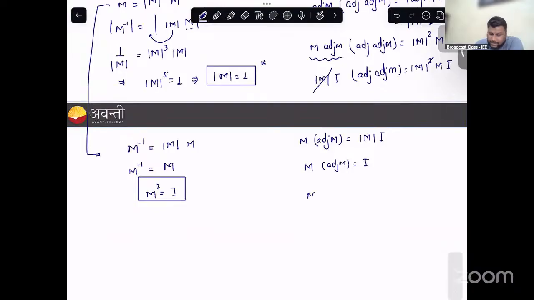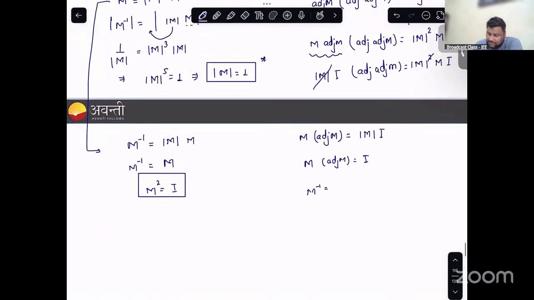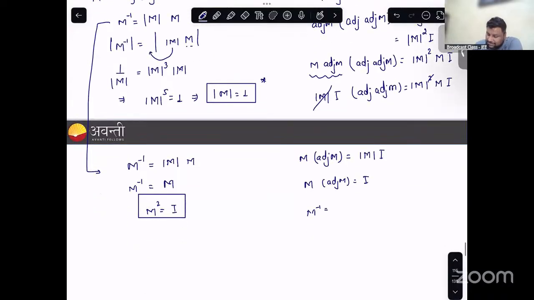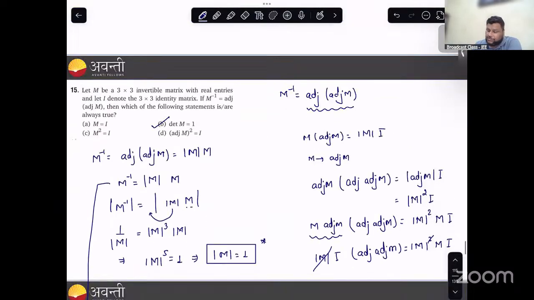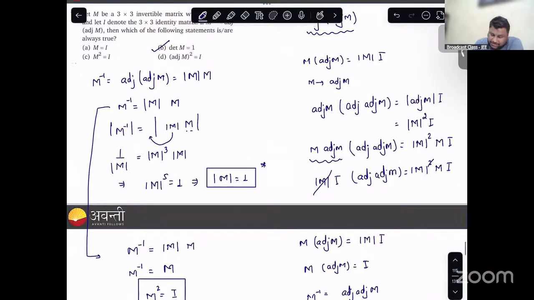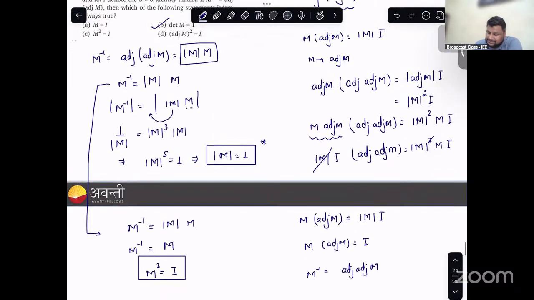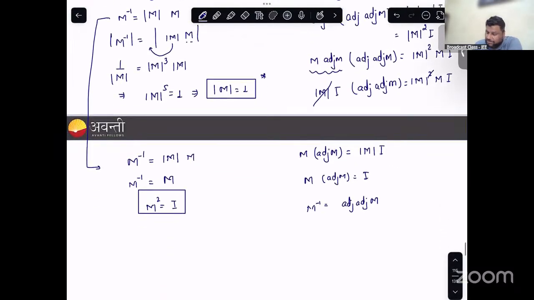Now, M inverse they are giving me as adjoint of M. And adjoint of M is what I got, determinant of M into M.